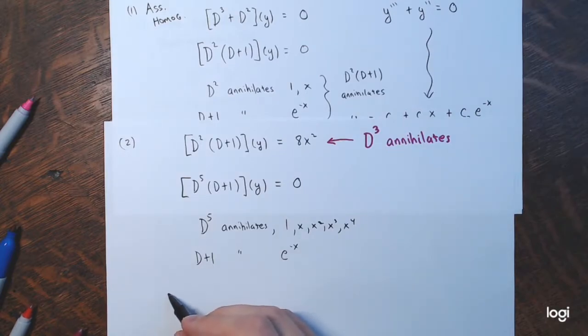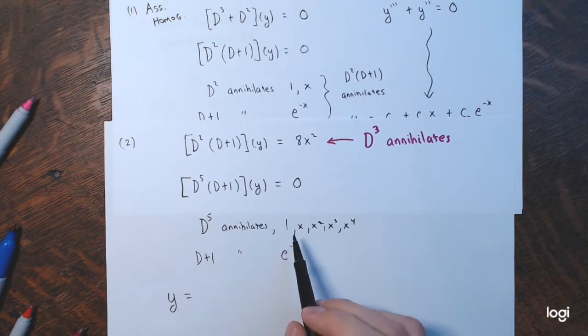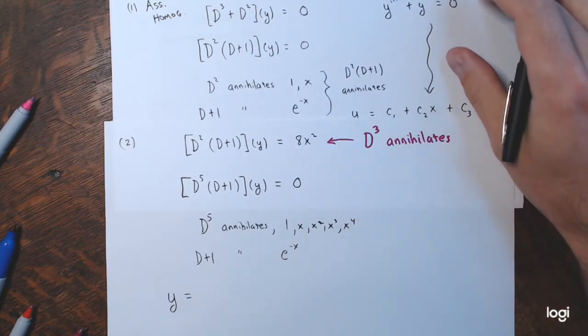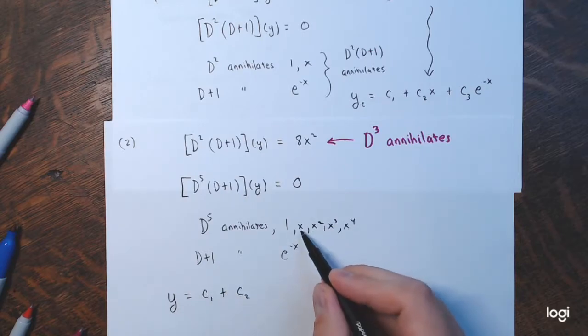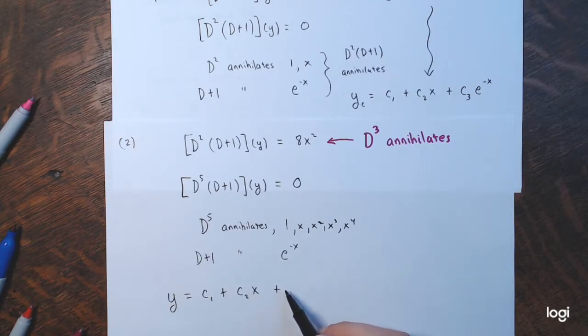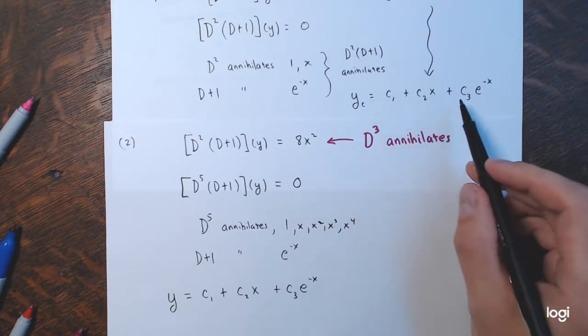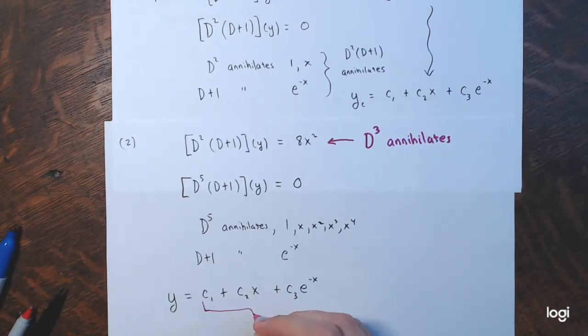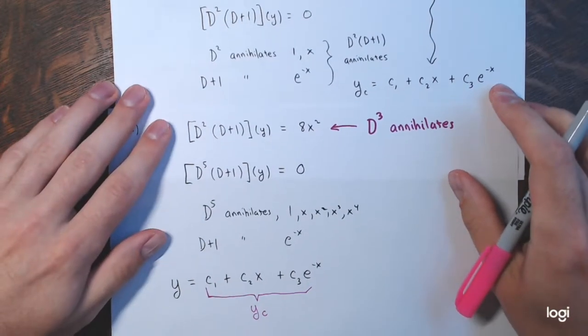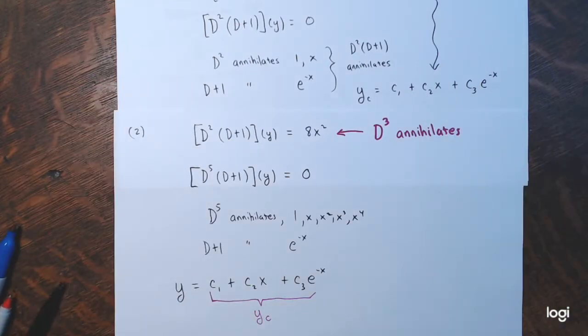So y here looks like the following. Now there's a reason I'm going to write it this way. I'm going to have some constant c1 times 1 plus some constant c2 times x plus some constant c3 times e to the negative x. The reason is that this is the form our complementary function took, the solution of the associated homogeneous equation.